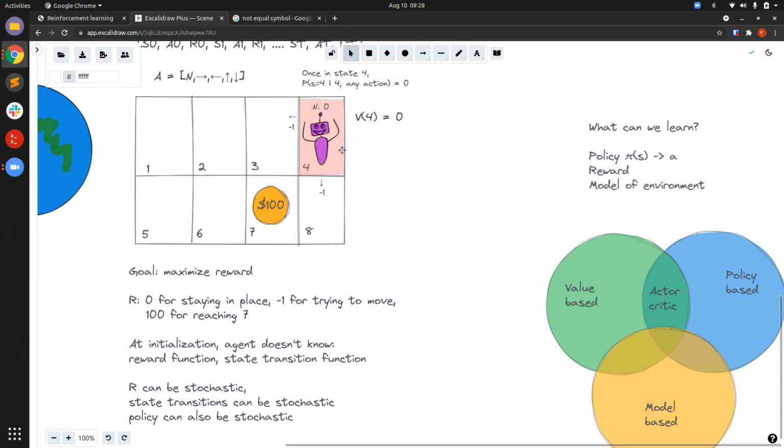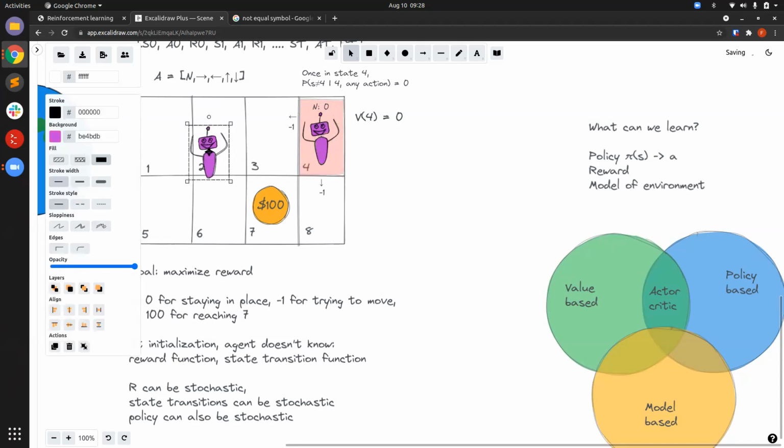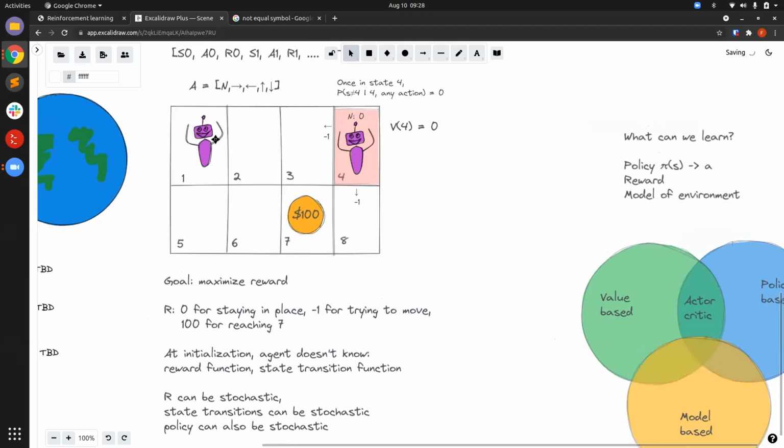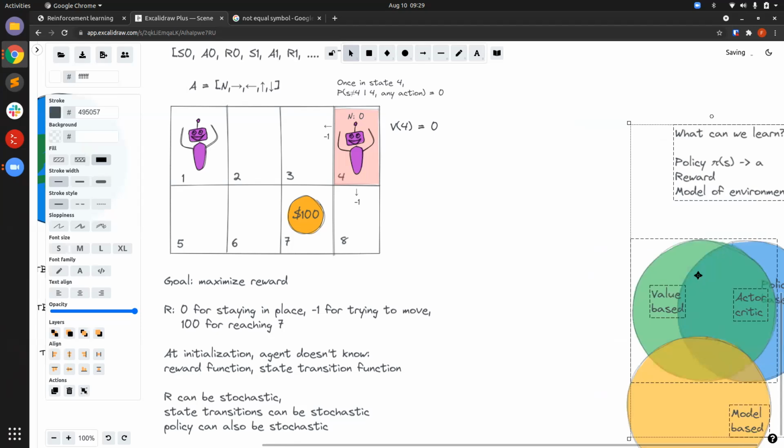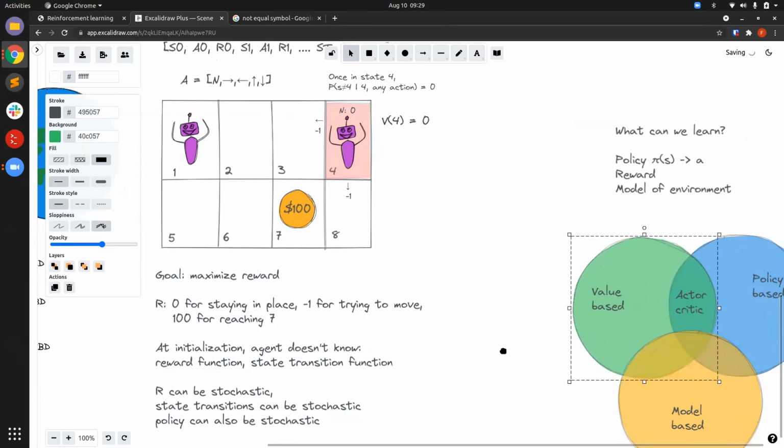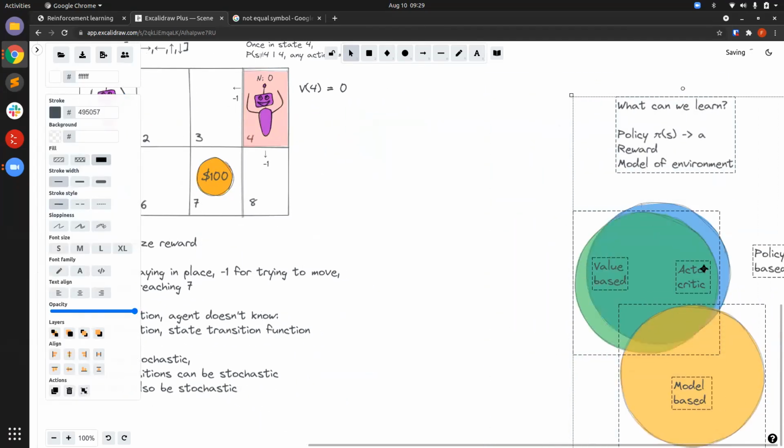What do I mean by that? Suppose this agent has a model of the environment. Instead of directly taking action, it can use a model to perform computations, and it will know what the result will be of different actions.